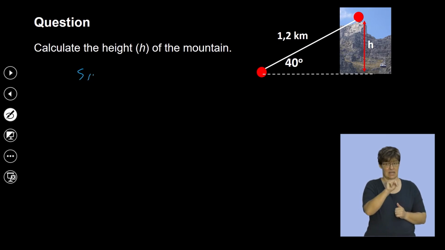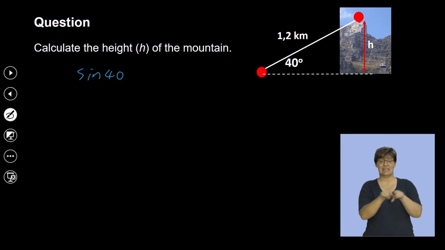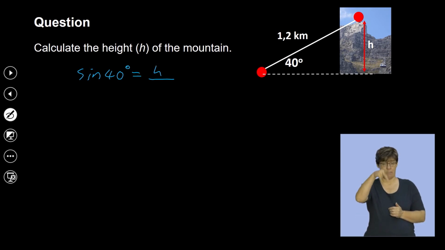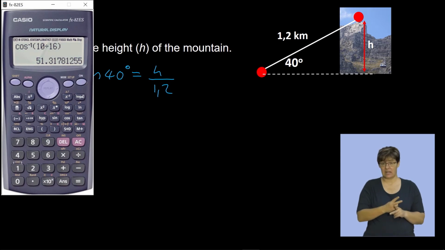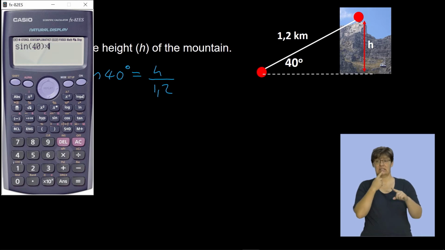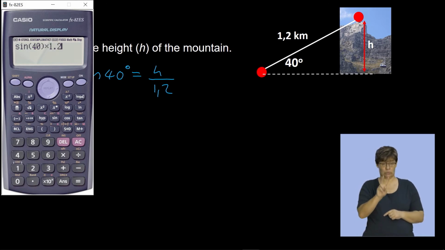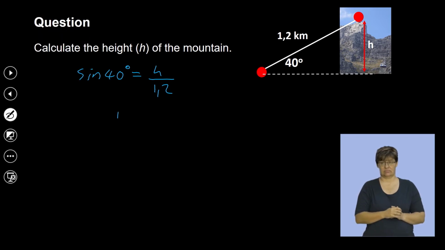Sine of 40 degrees is equal to H, which is what I'm trying to find, over 1,2. Straight with a calculator, you just press sine 40 multiplied by 1,2, and that will give me the height, which is 0,77. So H will be 0,77 kilometers.